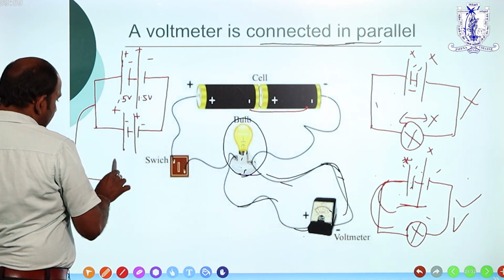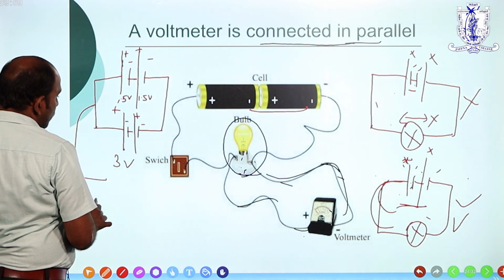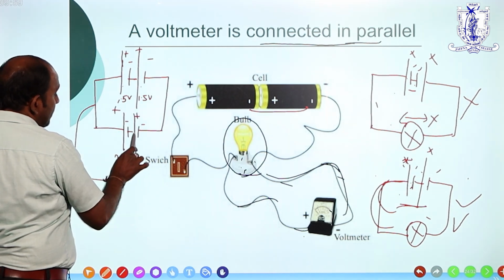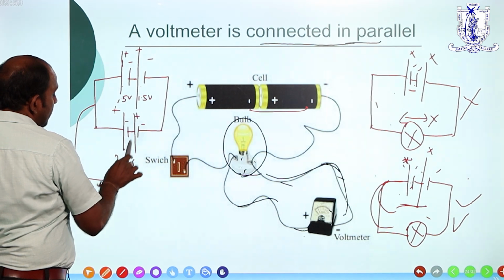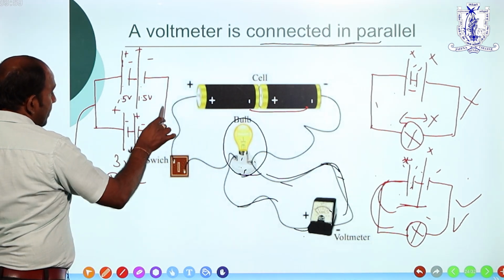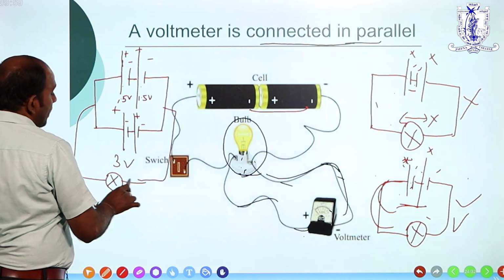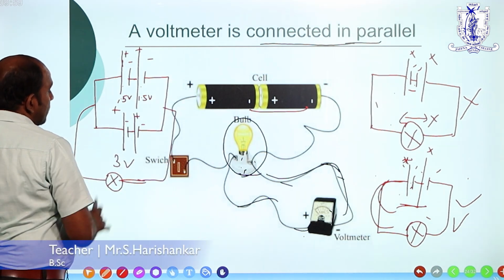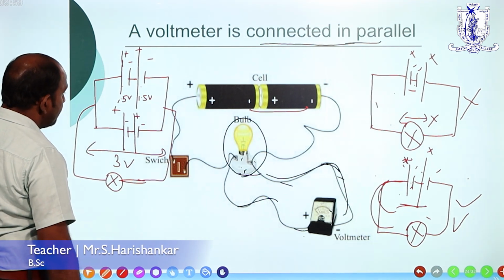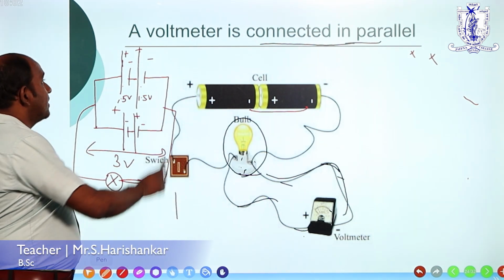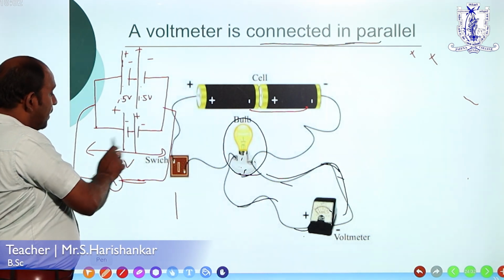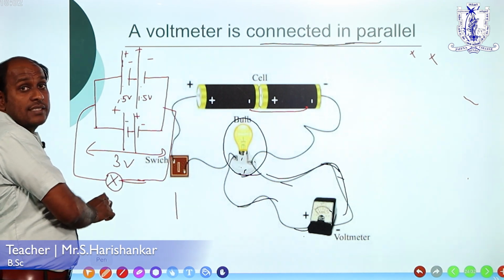The total output is 3 volts, because 1.5 plus 1.5, but with the parallel connection, the unit works for a long time because the voltage drops slowly. So the resultant output is also 3 volts.